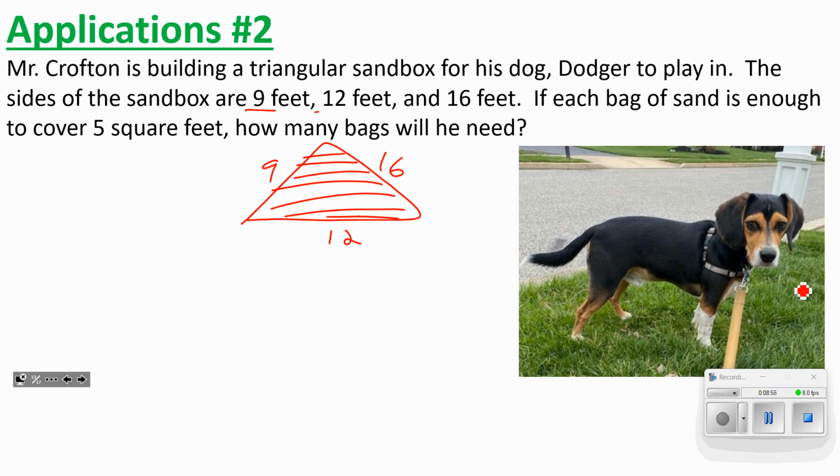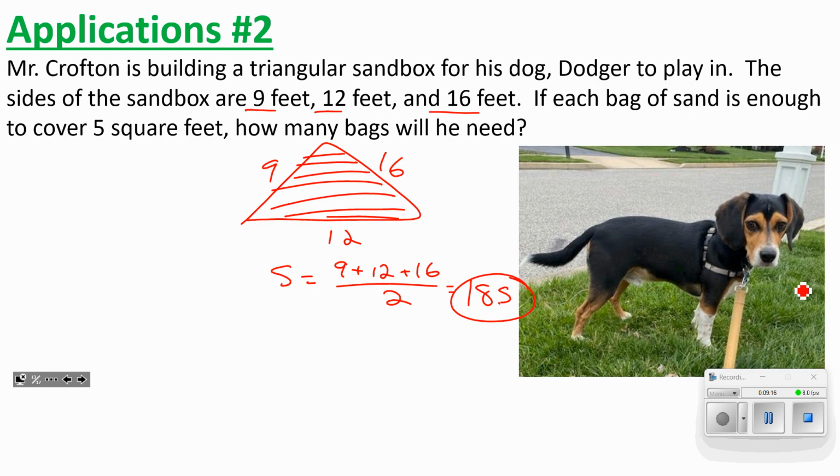Because we have all 3 sides, we can do Heron's formula. First, find the semi-perimeter. 9 plus 12 plus 16 and divide it by 2. 37 divided by 2 is going to get you 18.5.